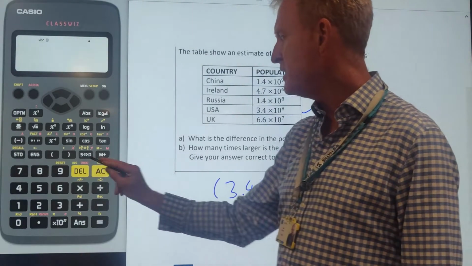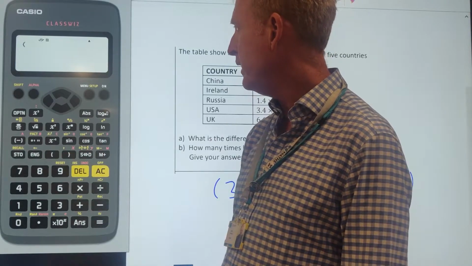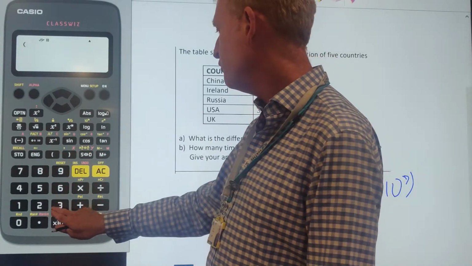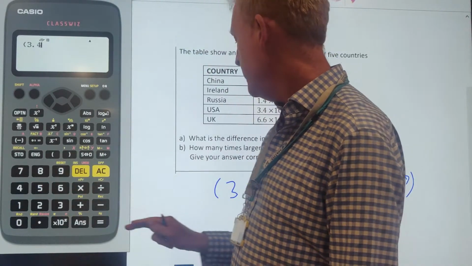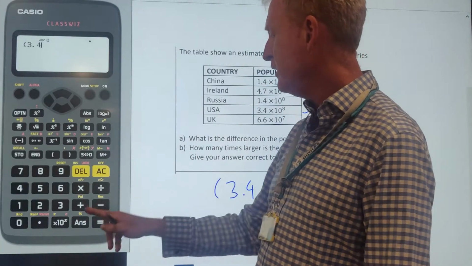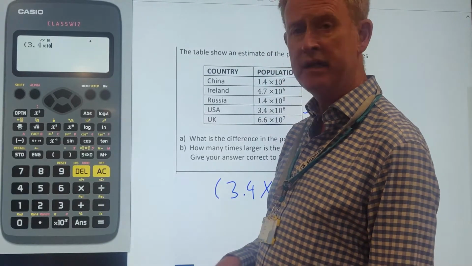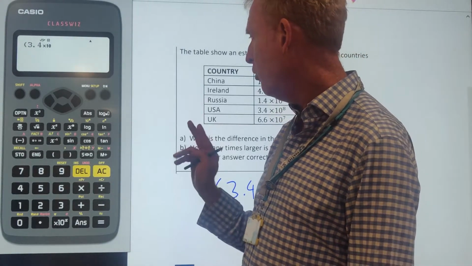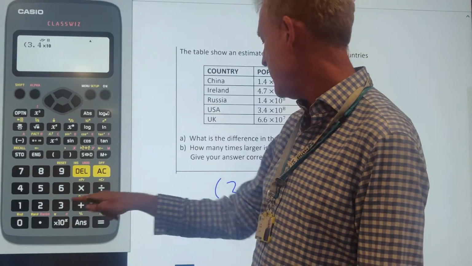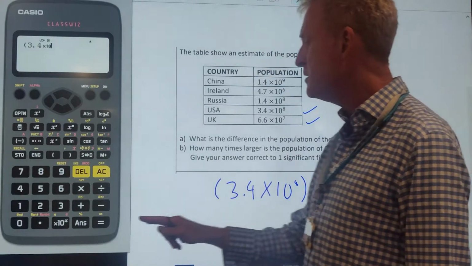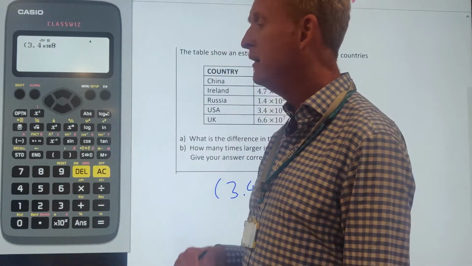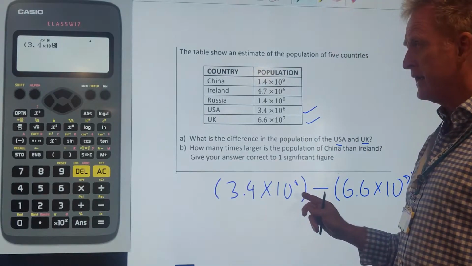Now in my calculator, I'm going to press my bracket first. 3.4. Now, a quick way of writing it down is using this button here. If I press this, that's giving me a standard form sort of format. All I've got to put after that times 10 is my power. It's 8. So I'm going to put an 8 there. So that's basically that first part of that calculation done.